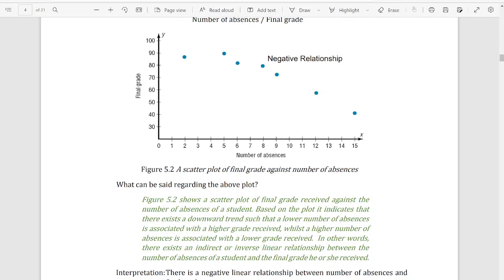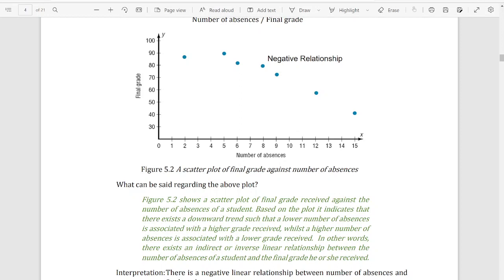Okay, kalau katakan yang ni untuk grade, kalau dia kurang absent, maka markah dia akan lebih tinggi. Kalau dia banyak absent, maka dia akan lebih rendah. Okay, so in other words, there exists an indirect or inverse linear relationship between the number of absences of a student and the final grade he or she received.